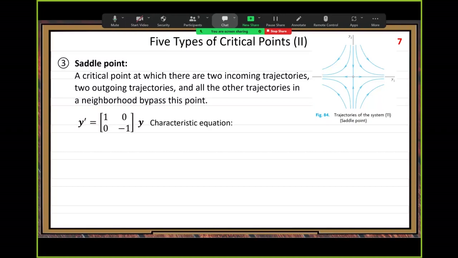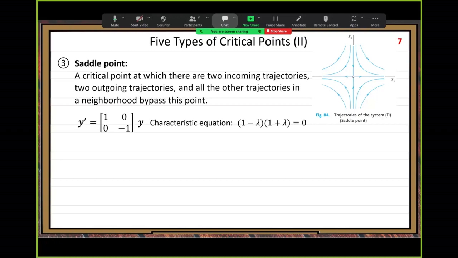Example here. The characteristic equation has two different roots. You can see another piece of information: if the characteristic equation has distinct roots, then the characteristic equation gives you all the structure we need.